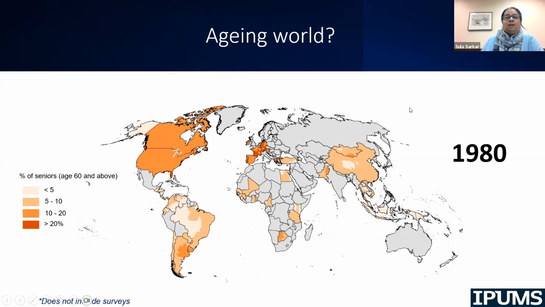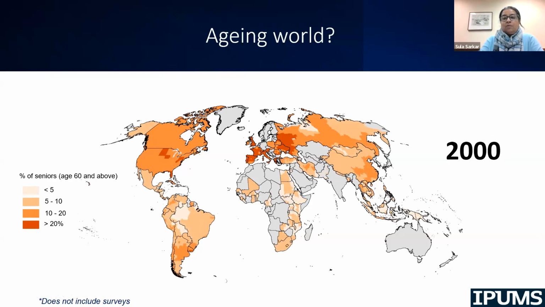We are going to look at seniors age 60 and above through the different census rounds, and then maybe you can decide if the world is aging or not aging. So this is the 1980 census round. This is the 1990 census round. Note that not all countries are included in every census round. Then the 2000 census round, and then the 2010 census round.